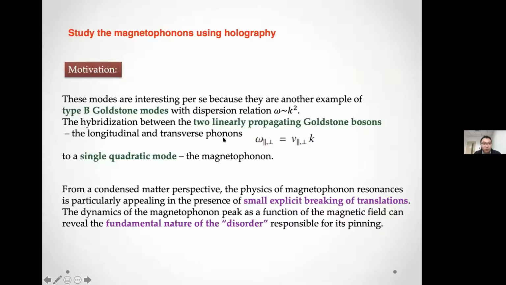Without a magnetic field there are two linearly propagating modes, the longitudinal and the transverse phonons, each with a linear relationship and speeds V parallel and V transverse. They combine together into a single quadratic mode, the magnetophonon.